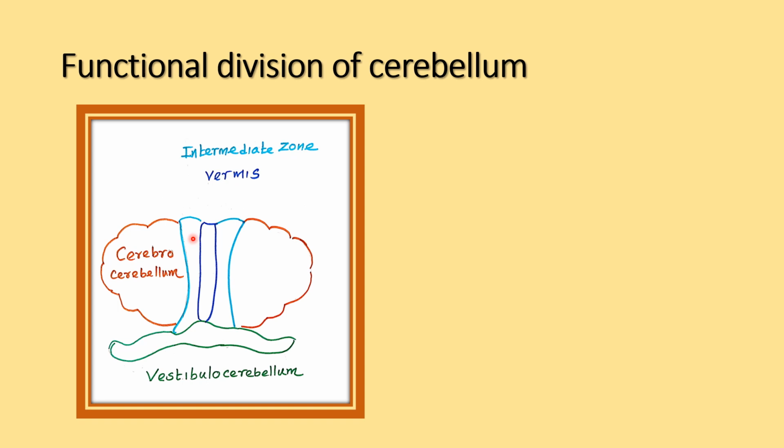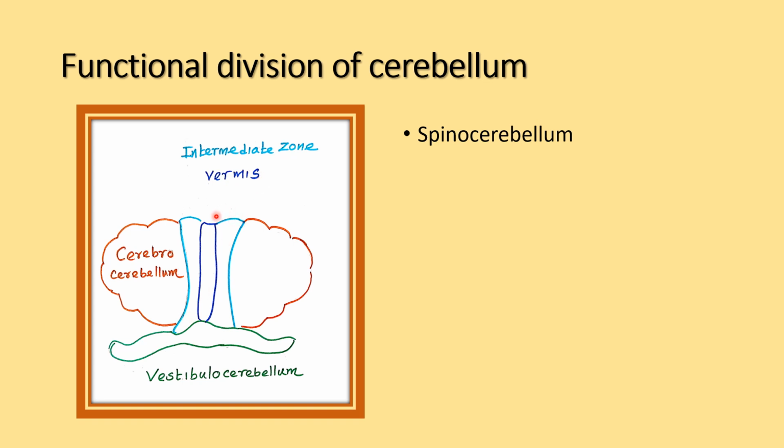Functional divisions of the cerebellum. Spinocerebellum consists of the central vermis, this violet color central vermis, and this blue color intermediate zone of the cerebellum, otherwise called the paravermis.